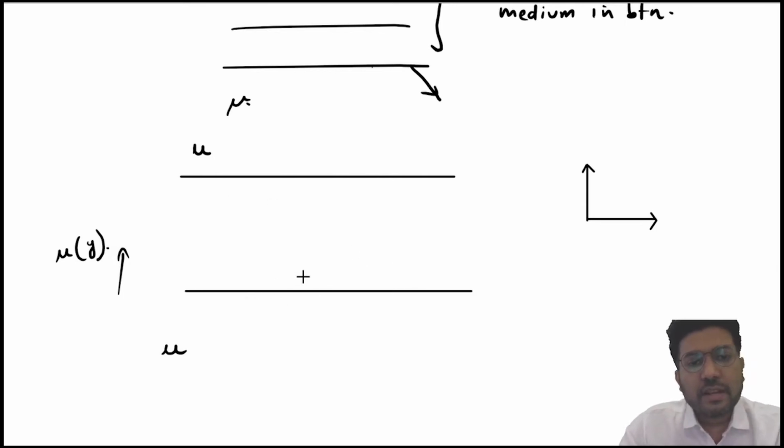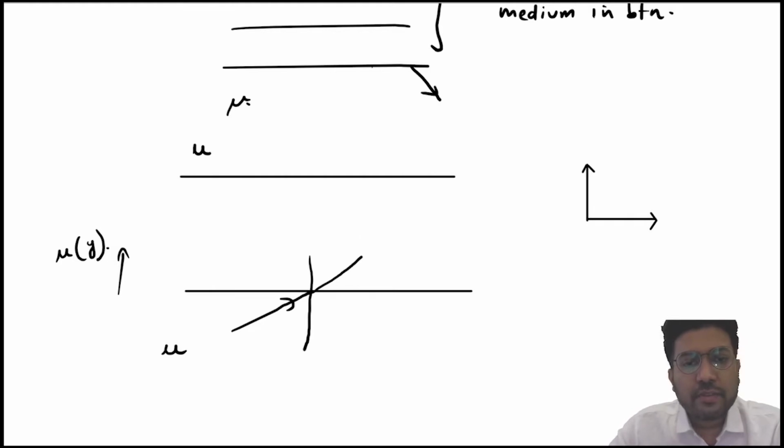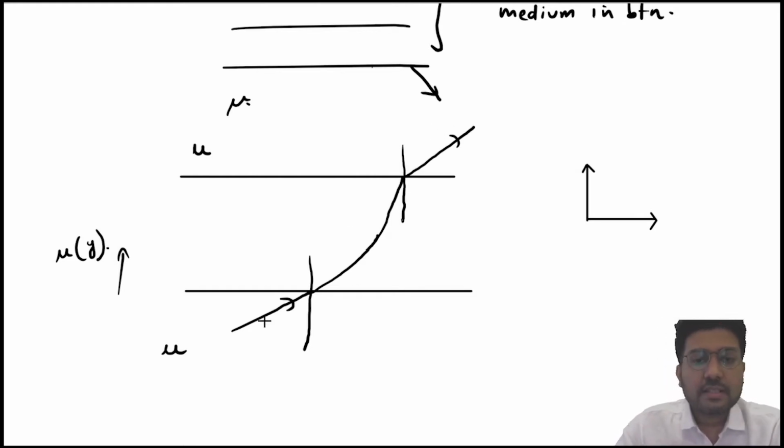So suppose a ray of light is incident here like this, then it will continuously bend and form a curve. Why? Because at every point it is bending. If at every point it is bending, it will form a curve, right? But finally when it comes out, it will come out parallel to this, because the medium is same, right?